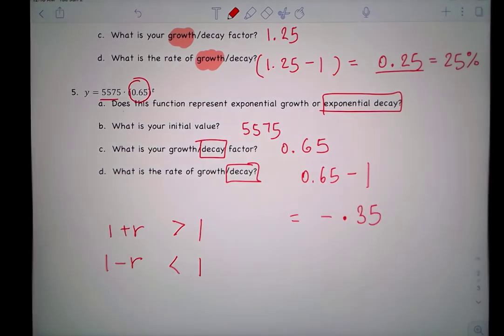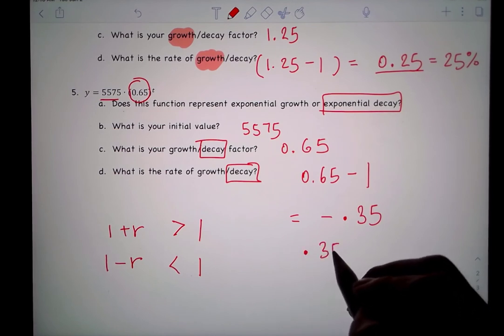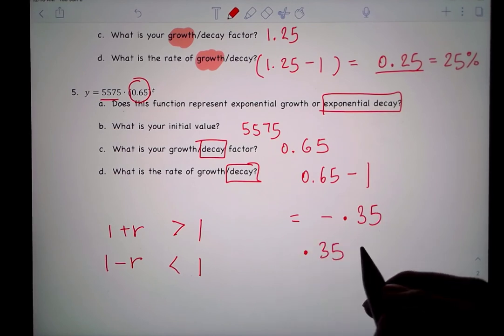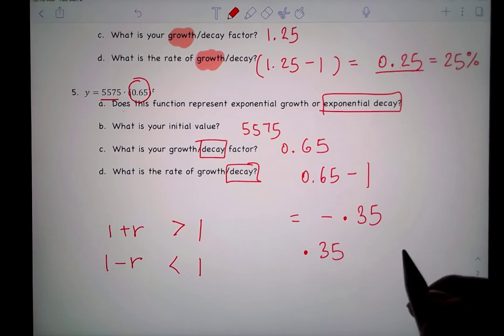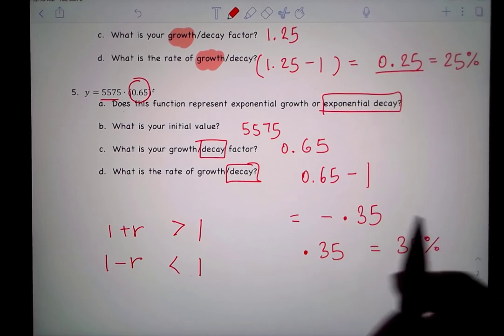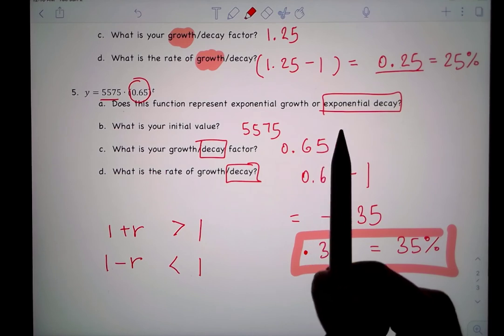But just ignore that negative, because for the rate, we don't take the negative rate, right? So it will be 0.35, just think about absolute value. Then you will get this positive value only because that's a percentage. And that's the same as 35%. Okay, so I'm gonna mark my answers.